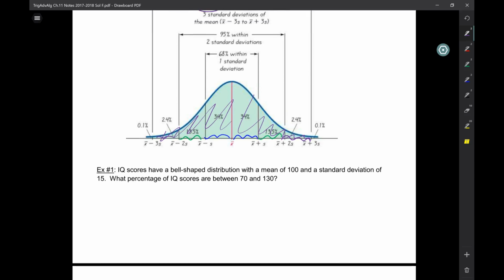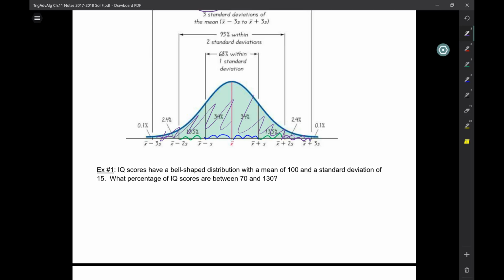Suppose these were the heights of a population. Suppose these were the heights of men in their 30s in the US, because they've stopped growing hopefully by then, right? So this is the mean. Okay, that's the mean and that's the median. Now suppose the standard deviation is a couple of inches.